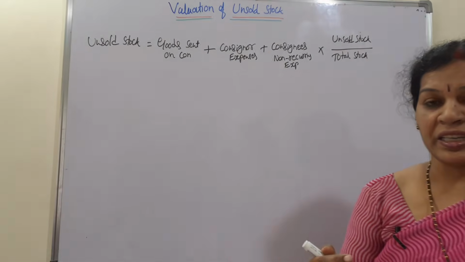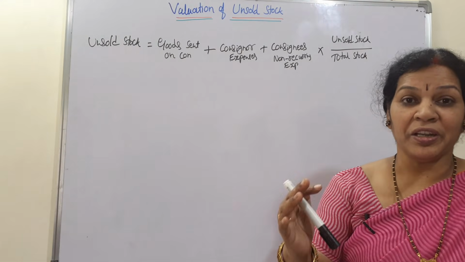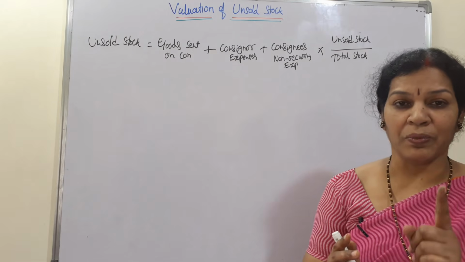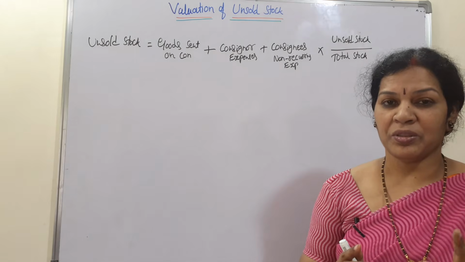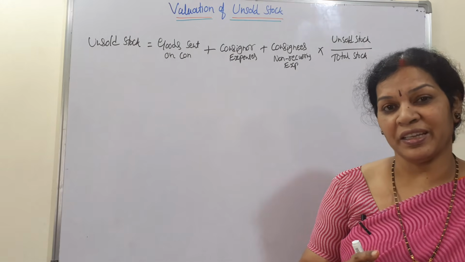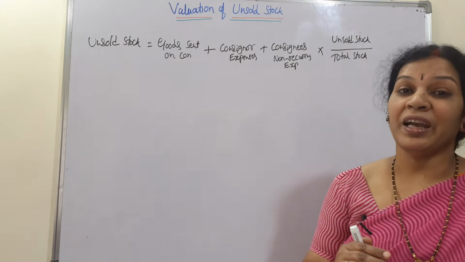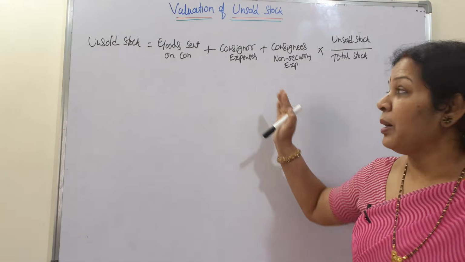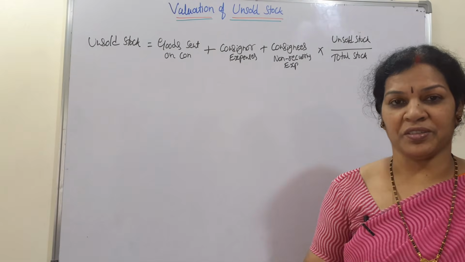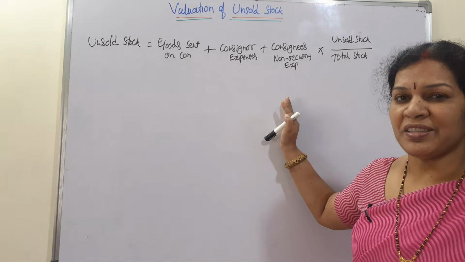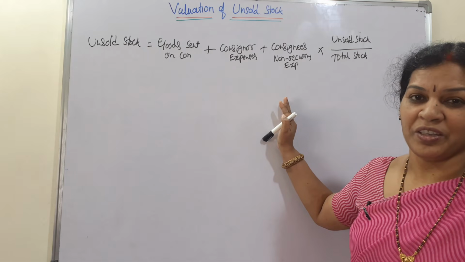Non-recurring means repeatedly which will not occur. Continuously every month you need not pay, only one time you have to pay. So that we say as non-recurring, not recurring again and again. That kind of expenses of consignees. But consignors, all expenses, whether recurring or non-recurring, we take. But consignees, only non-recurring expenses.